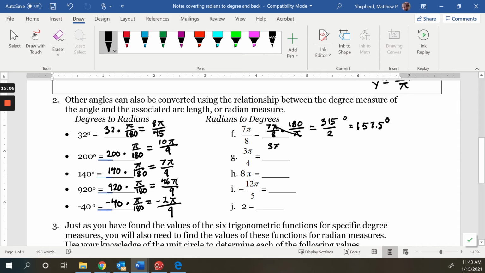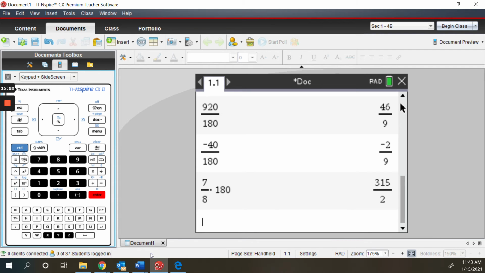All right, 3 pi fourths multiplied by 180 over pi. So 3 fourths times 180.